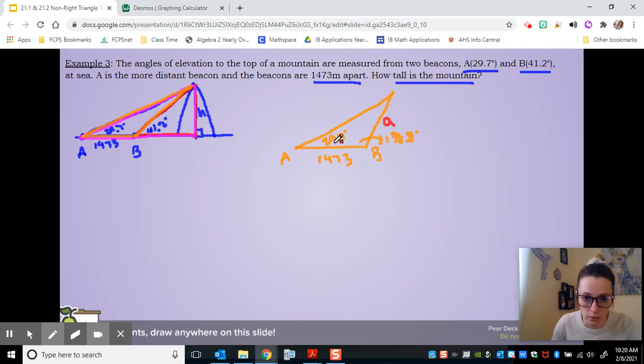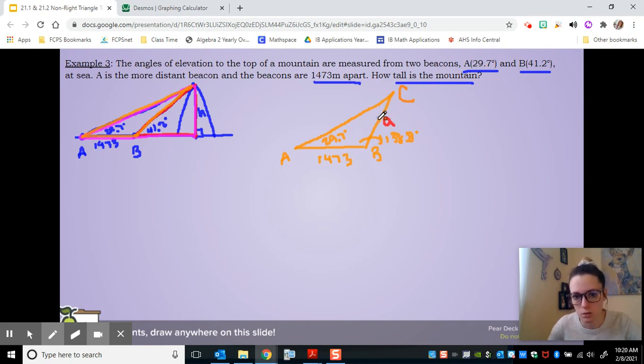Obviously, I have angle A, which is helpful since I'm looking for side A. And the only side I actually have is between A and B. I'm going to call that side C, or at least the angle across from it, I'm going to call angle C. So luckily, I have the other two angles.